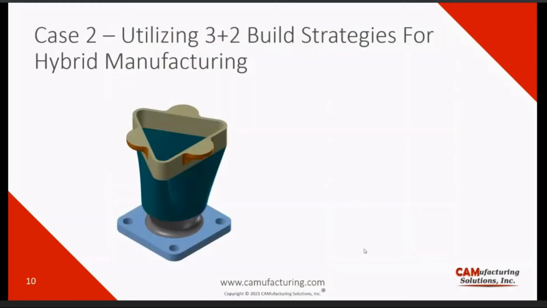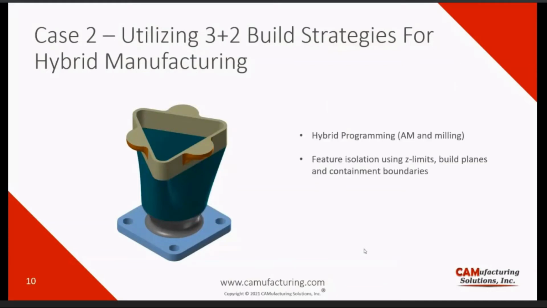Moving on to our second case study, this feature part here, which we call a cup, mainly relies on hybrid manufacturing. It shows how our software APlus can be utilized for combining additive manufacturing with subtractive manufacturing, creating hybrid manufacturing.